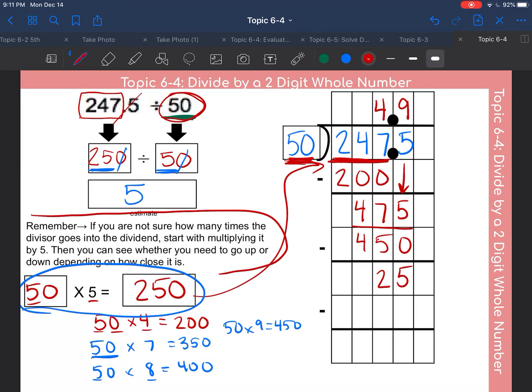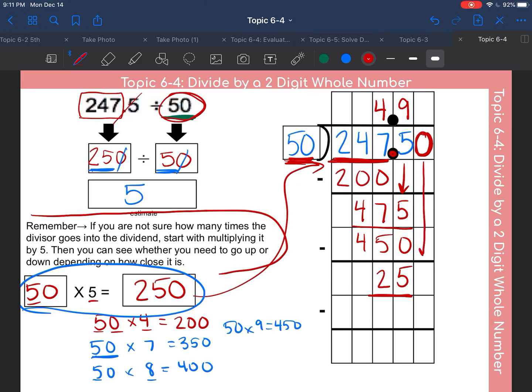Now remember, we talked about these yesterday. If we're dealing with decimals, we're not just going to leave a remainder of 25. What are we going to do? Do you remember from yesterday? Remember, we can add a trailing 0 here. It does not change the number at all. And we don't have to add a decimal because the decimal is already there. So we can just add a trailing 0. Doesn't change the value.